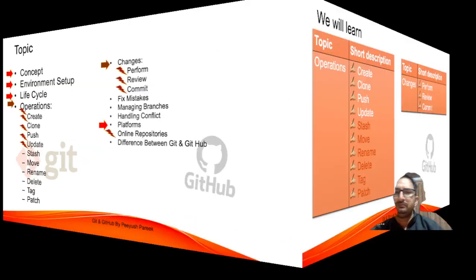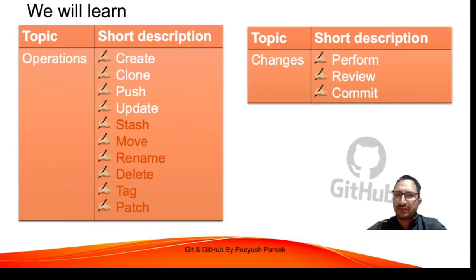The topics that will be covered in today's lesson are how to create a repository locally on our system, and how to clone an online repository. In this we will also learn how to create an online repository, how to push the changes that we have made in the local repository to the global or online repository, and how to update things and then push them.